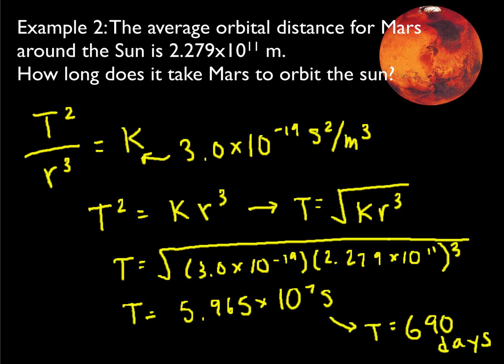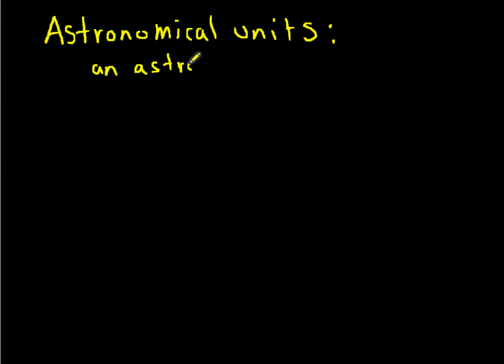It's often useful to define a different unit for space, because space is so large. So astronomers have created a unit that they call the astronomical unit. This unit is a much larger measure of distance. The astronomical unit is equal to the average Earth to Sun distance.